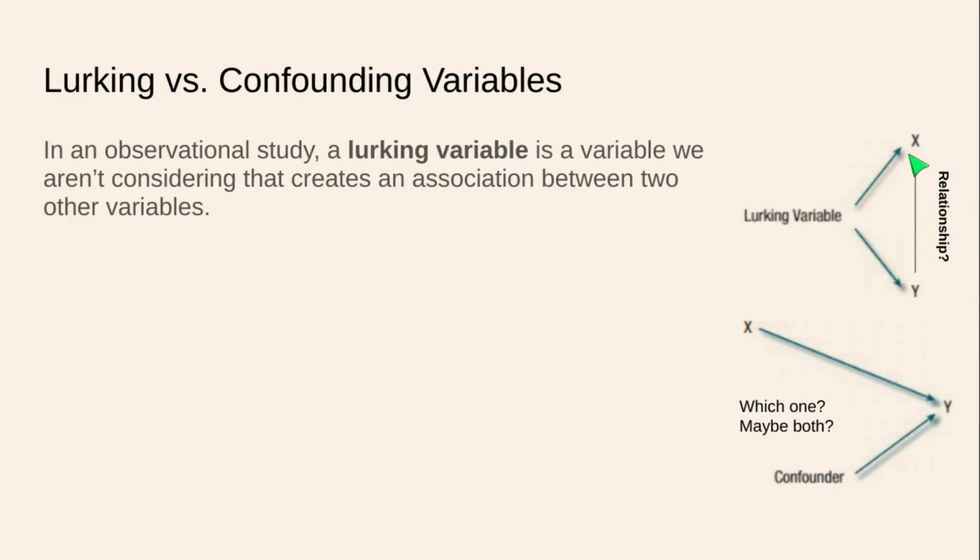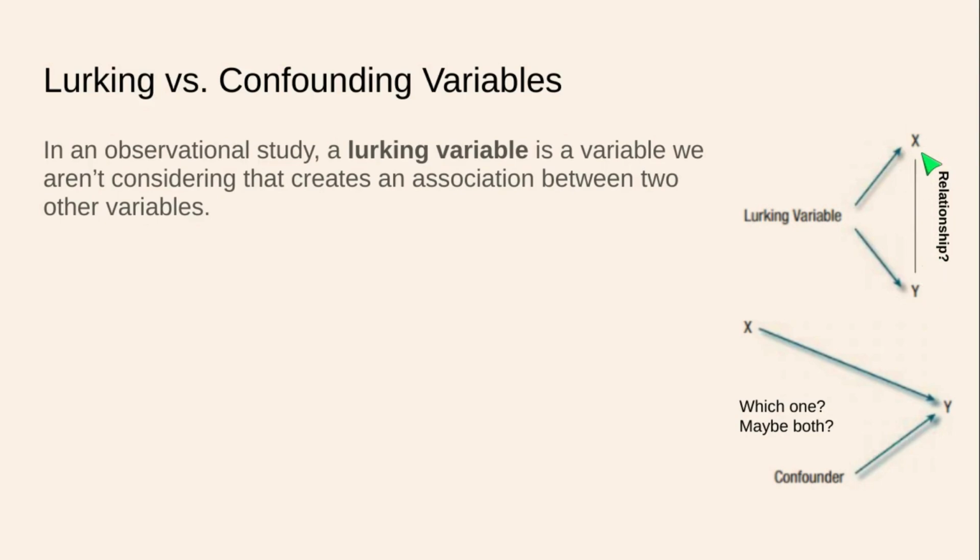Here's our lurking variable. Here are two variables we think are related. Now, a little bit of research might indicate there's some kind of relationship between x and y, but really what's going on is that there is some variable we're not studying that has an impact on both of these variables in such a manner that it looks like x and y are related.